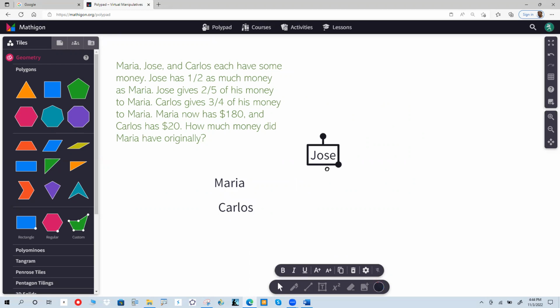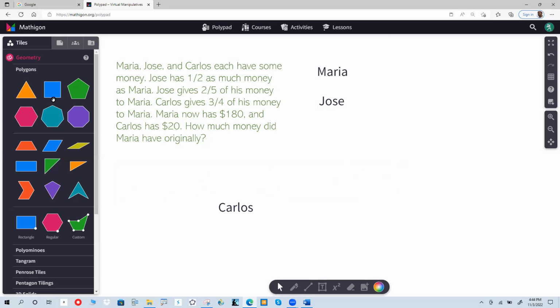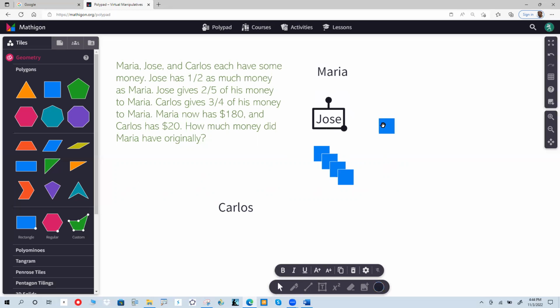Okay, now Maria has 2 times as much money as Jose, and Jose gives Maria 2/5 of his money. So I'm going to pretend Jose's money has 5 equal parts. Why did I choose 5?